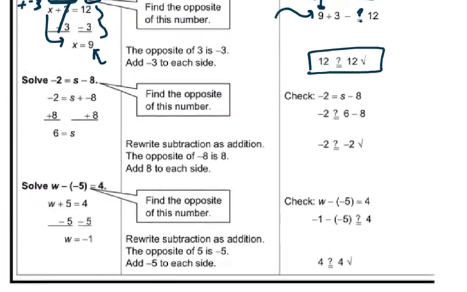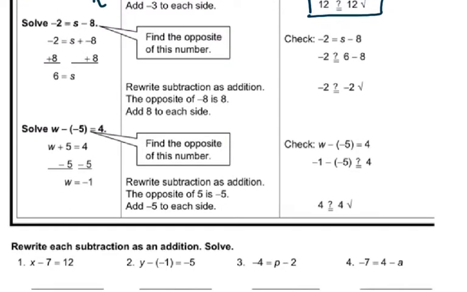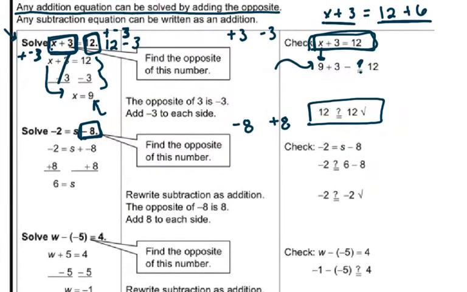So let's go to another example, and again, this is just going to be a quick review. Negative 2 equals s minus 8. Well, we need to find the opposite of negative 8. What is the opposite of negative 8? It would be positive 8. In this case, we're subtracting, and any subtraction equation can be written as an addition.